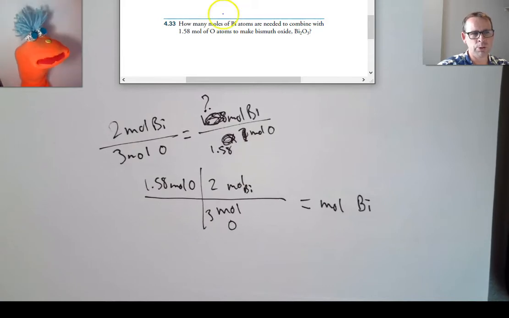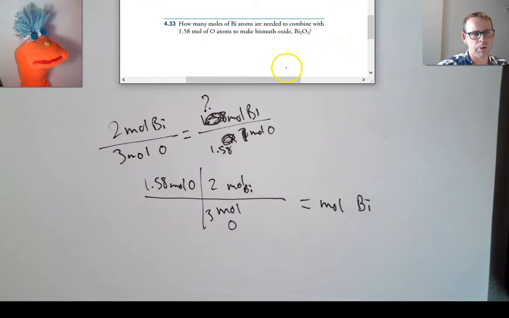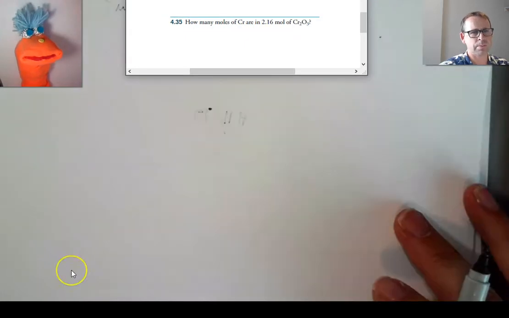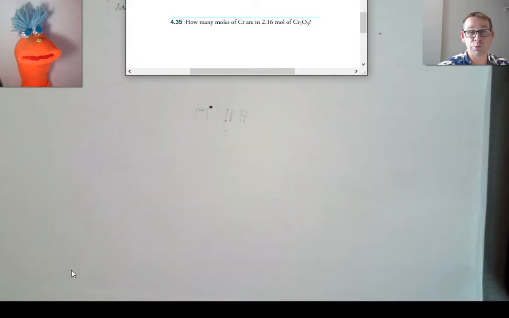We already know the ratio from the chemical formula, 2 to 3, and then we can use that ratio of unknown amount of bismuth for every 1.58 moles of oxygen. Yeah, right. Good. So how many moles of chromium are there if I have 2.16 moles of chromium 3 oxide? Is this chromium 3 oxide?